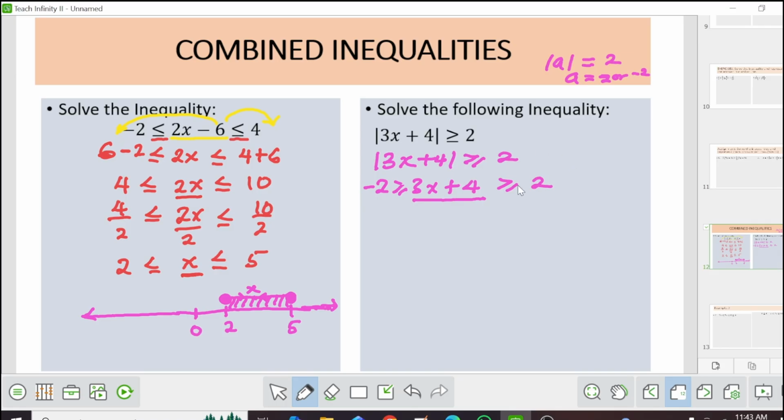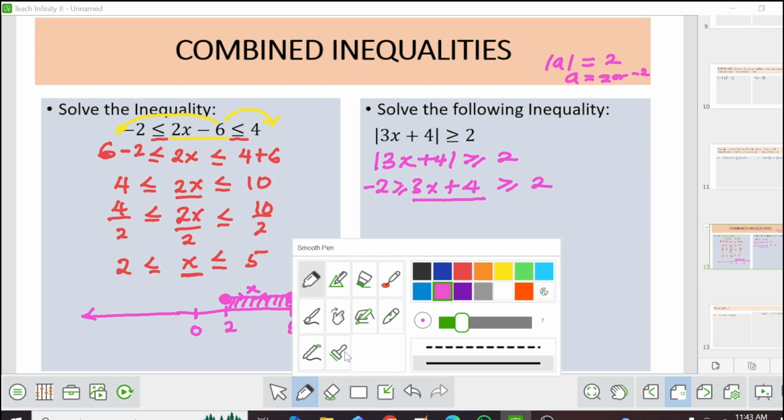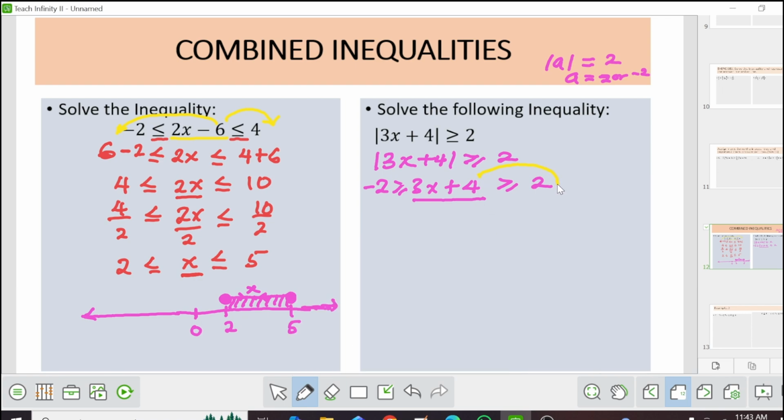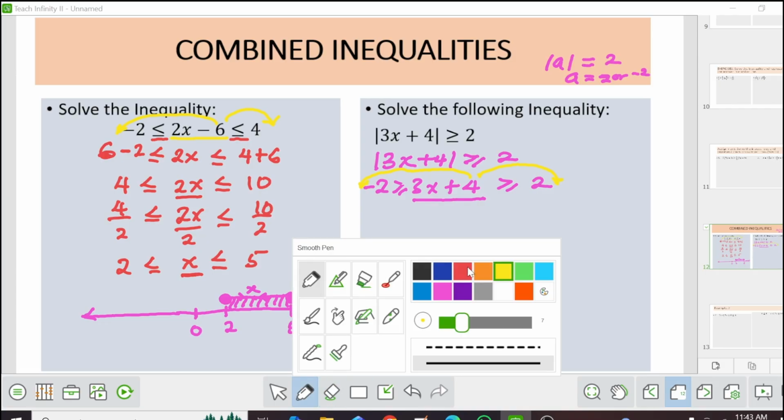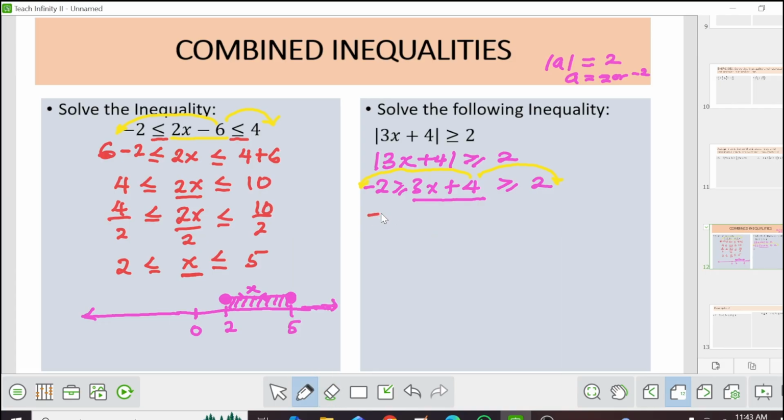The plus 4 we move to either side of the inequality as minus 4, so we'll be left with 3x at the middle.